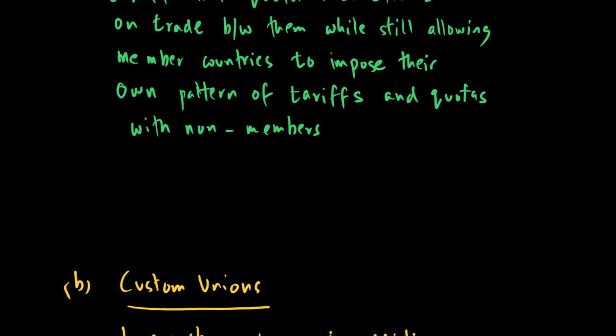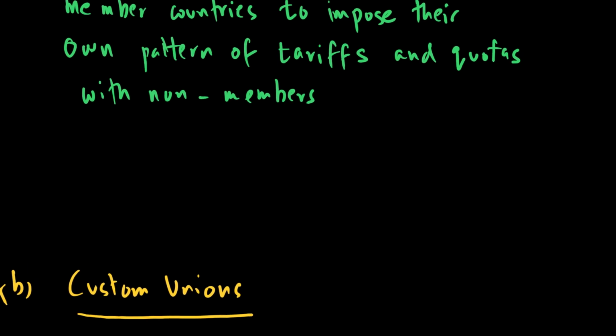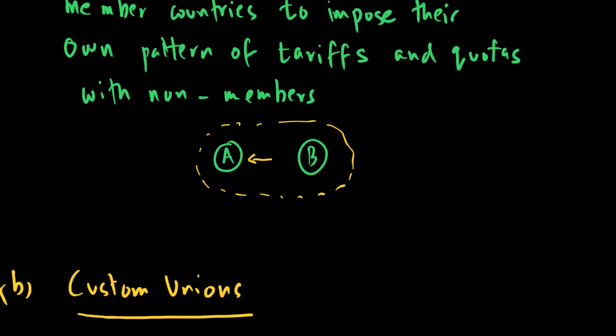So for example, if I have two countries, country A and country B, and let's say they form a free trade area, then they are saying there is no trade barrier with each other.